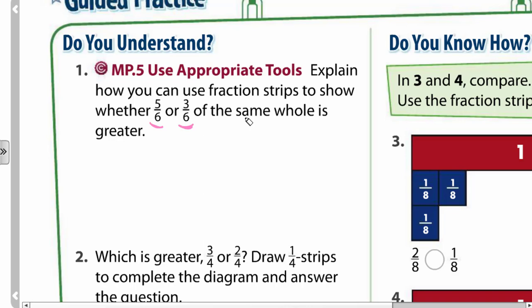To do so, we should first start by the unit fraction. How to know the unit fraction? From the denominator here. We have the denominator 6, so the unit fraction that we need to use is 1/6. So, start by the unit fraction.